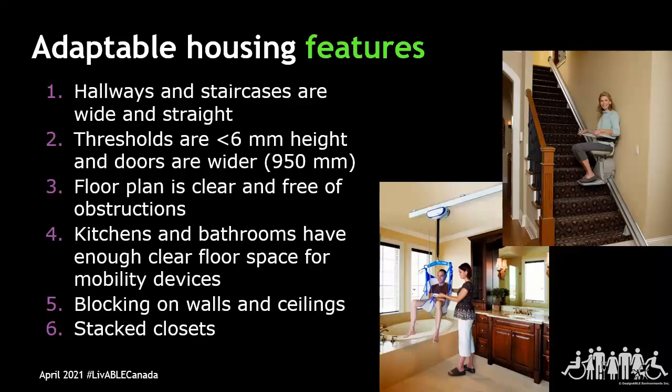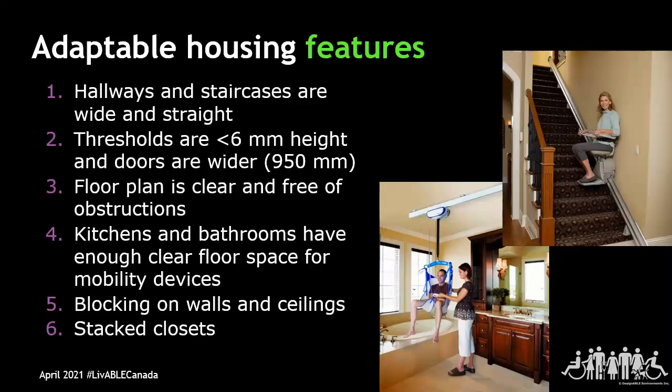The kitchens and washrooms and bathrooms have enough clear space for mobility devices should they be needed or when they are needed. And you put blocking or supports in the wall so that if later on you need to put in a ceiling lift, or a chair lift, or grab bars or handrails in your corridors, you don't have to tear open the walls to get that done.